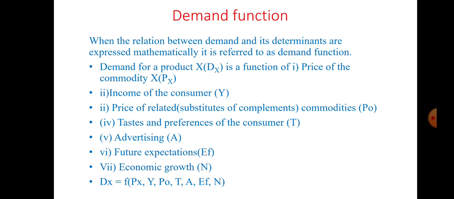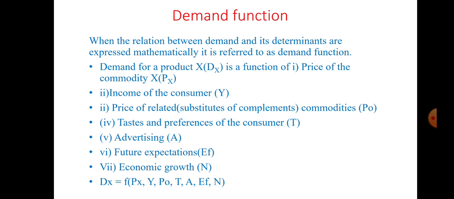Tastes and preferences of the consumer is T. Advertising is A. Future expectations is Ef. Economic growth is N. So we represent it as Dx = f(Px, Y, Po, T, A, Ef and N).